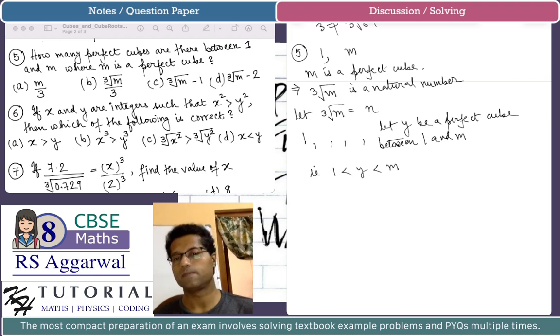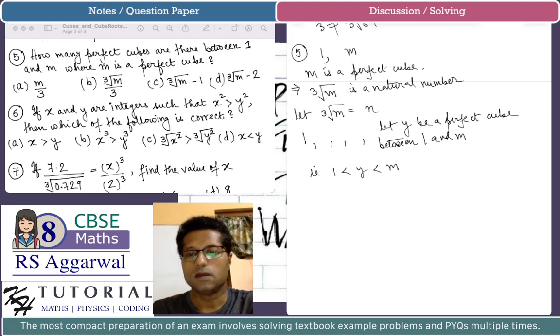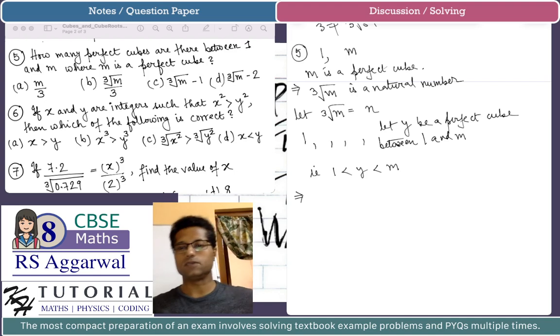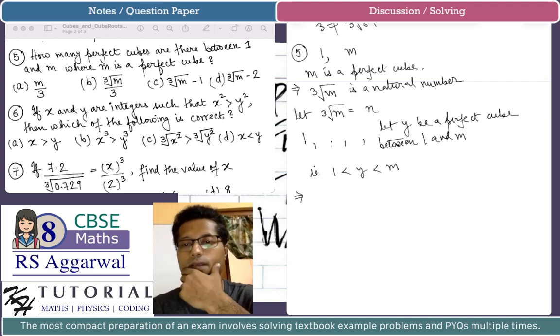So we have to find the number of perfect cubes that lie between 1 and m. So how many such y can exist between 1 and m?